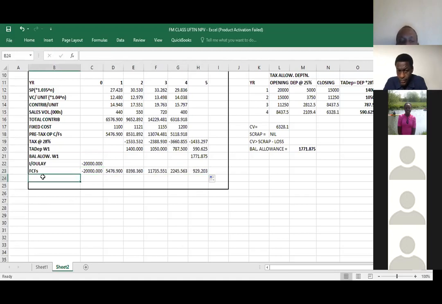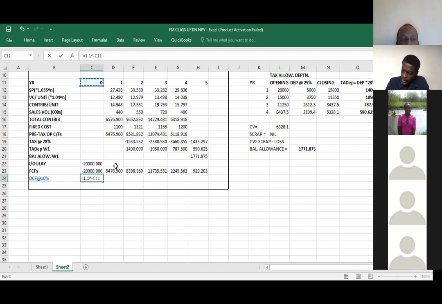So from there we can do our discount factor, and we agreed that our discount rate was 10%. So our 10% will be 1.1 raised to the power of, please never forget this minus, and then we pick our year so that it will work for us nicely.